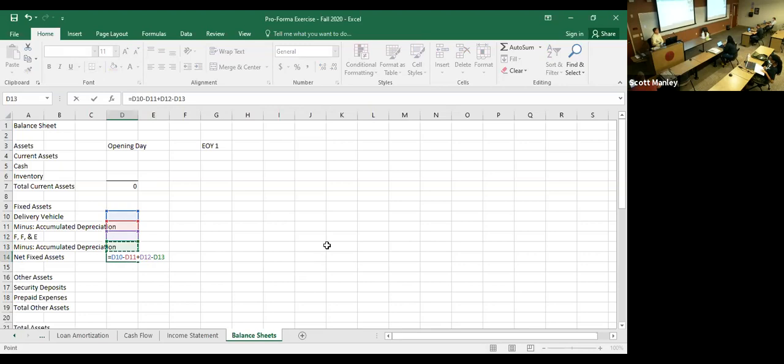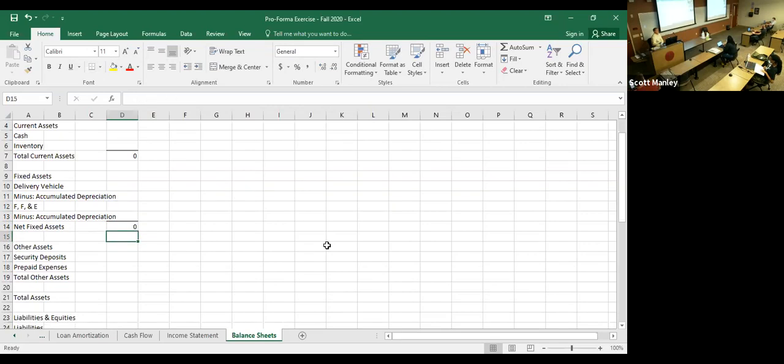Make sense? Okay. My other assets, I'm going to simply add those up. It equals security deposits plus prepaid expenses. I'm just putting formulas in, y'all. That's all.